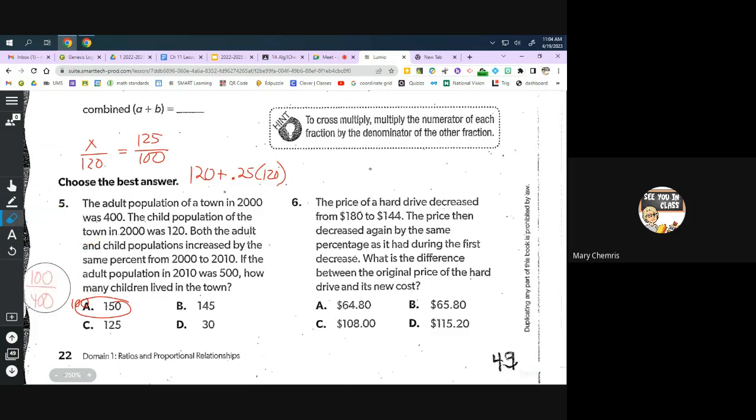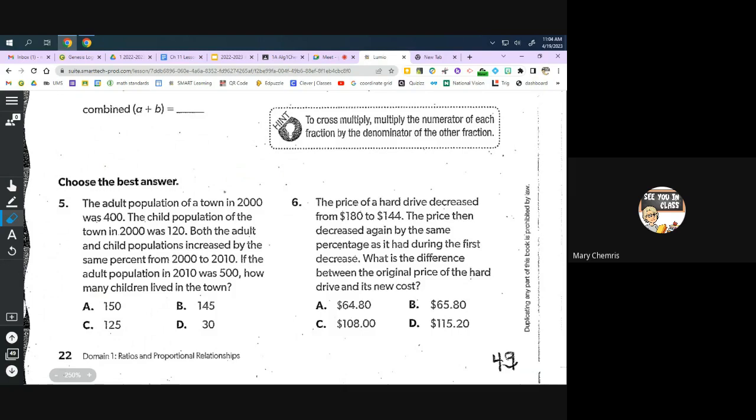So now let's look at number 6. Number 6 says the price of a hard drive decreased from 180 to 144. The price then decreased again by the same percentage as it had during the first decrease. What is the difference between the original price of the hard drive and the new price?